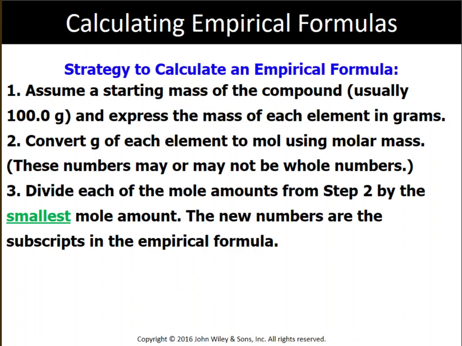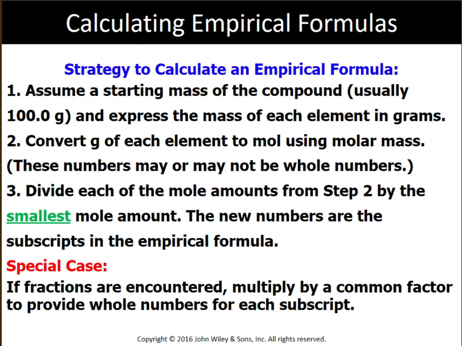And once we find the number of moles of each element, we're going to try to find the smallest molar ratio between the elements. Once we find the smallest molar ratio between the atoms, we want to make sure that we end up with whole numbers. So this is where it can get a little tricky. If the smallest ratios are not whole numbers, we will need to multiply them by a factor in order to get a whole number. So I'll show you how we do all of this.